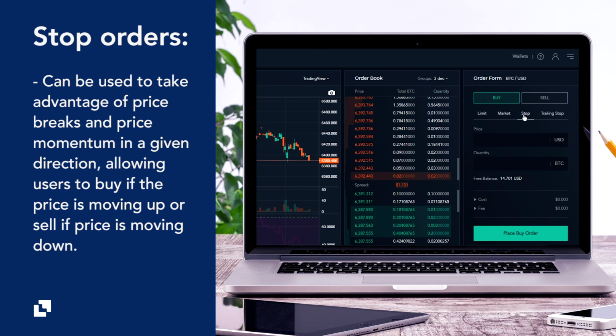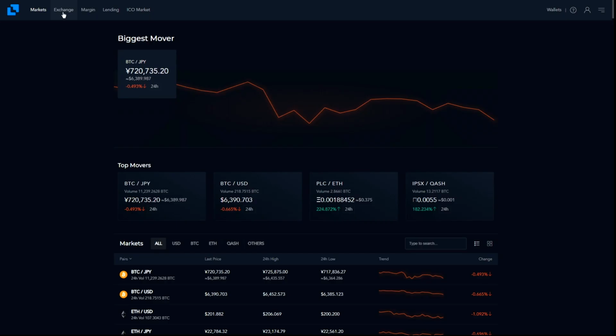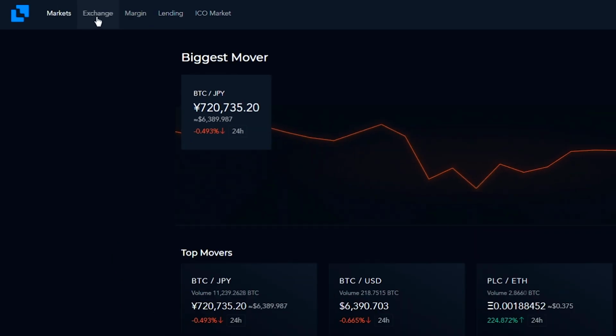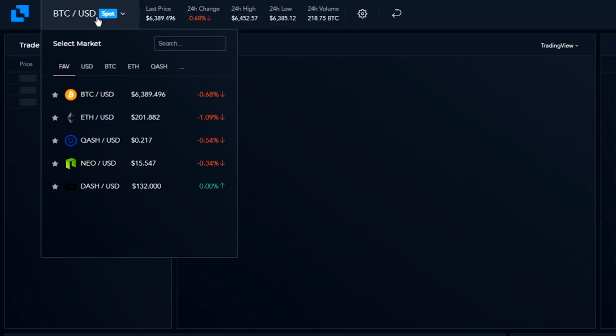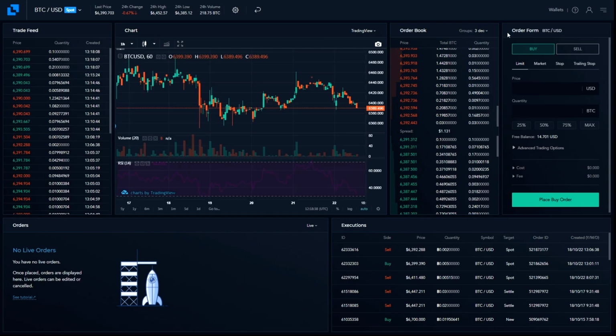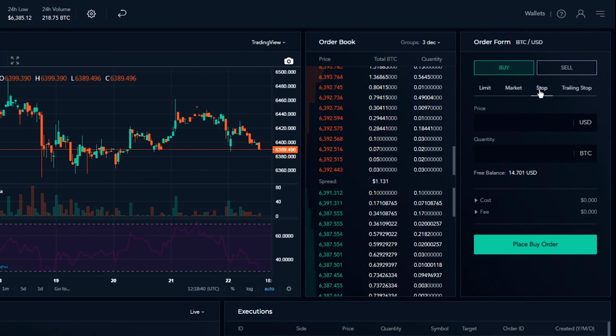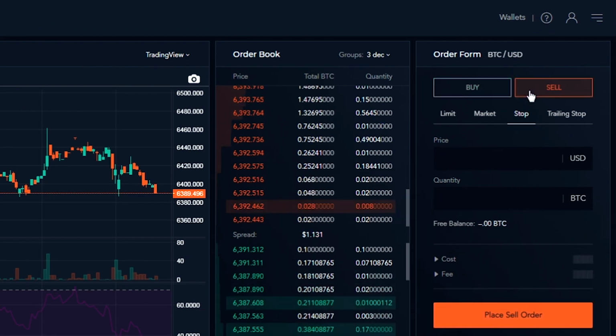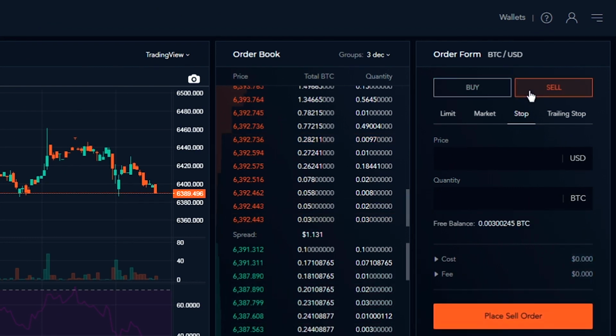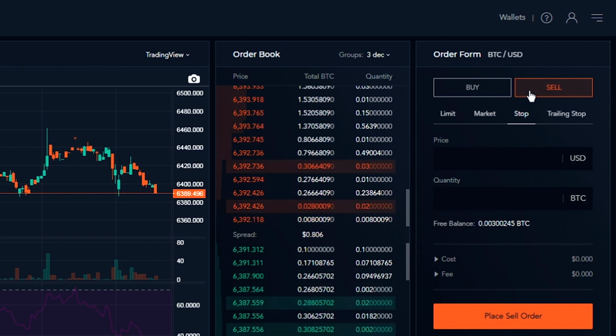To set a stop order on Liquid, you first need to go to the exchange and choose your trading pair. In this example, we will be using the BTC USD pair. Select Stop on the order form and select either Buy or Sell. If you choose Buy, the stop price must be over the current market price. If you choose Sell, the stop price must be less than the current market price.